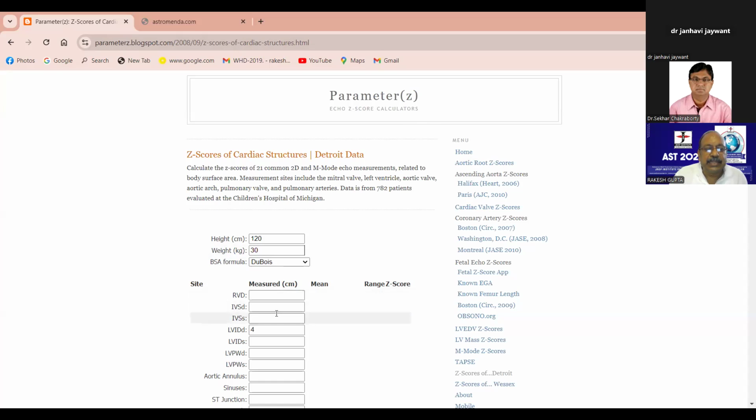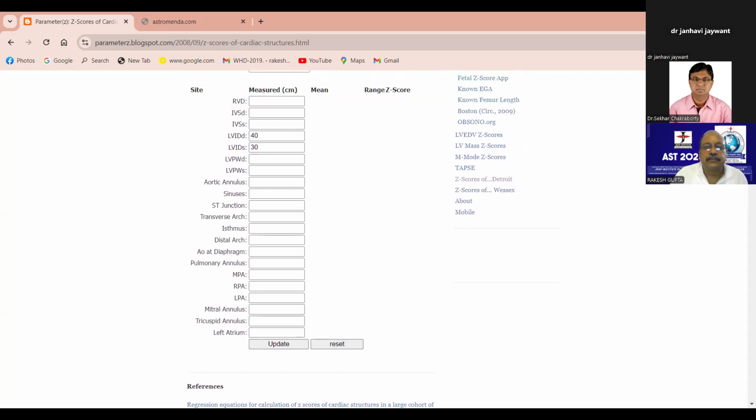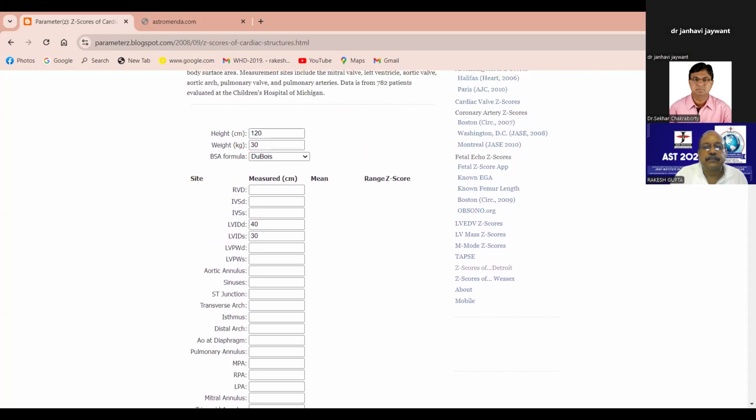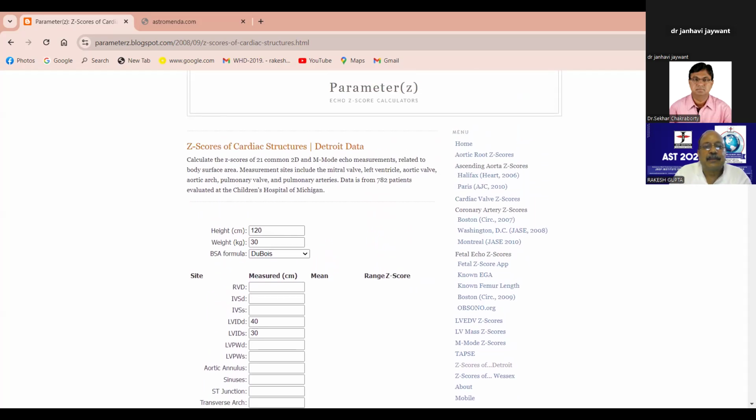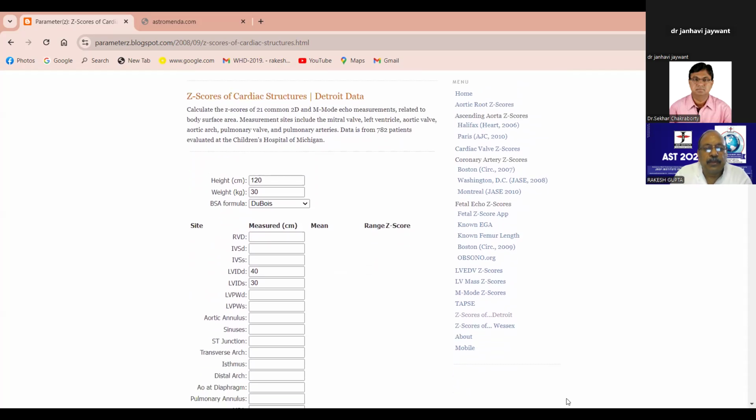So now it will take, let's say, size 40, 30, and then you go for update. Okay, it's not 40 centimeters, it's 4 centimeters.